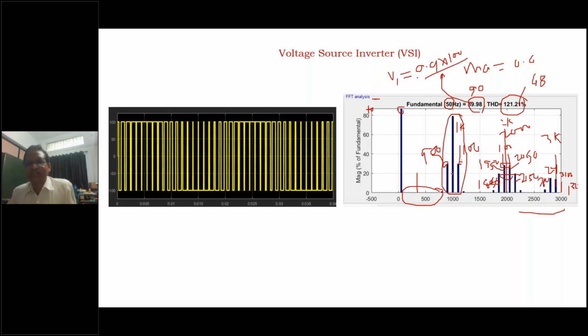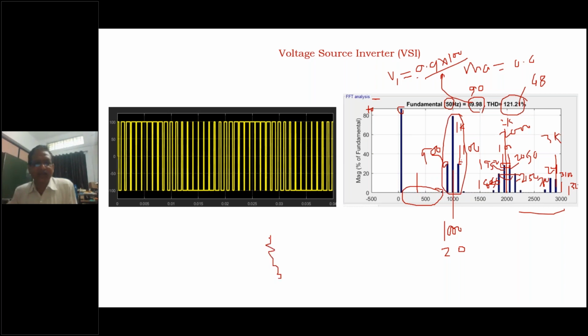In case I'm going to consider its frequency is 1 kilohertz, means 1000, which is 20 times more than the fundamental frequency. Now suppose I'm considering the load is resistance and inductance.